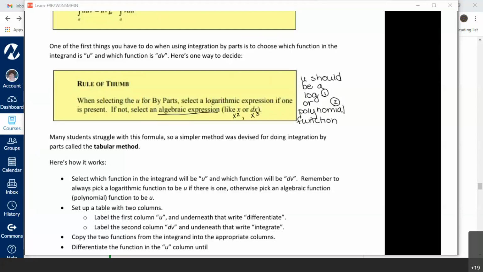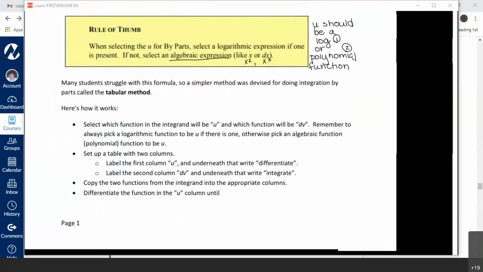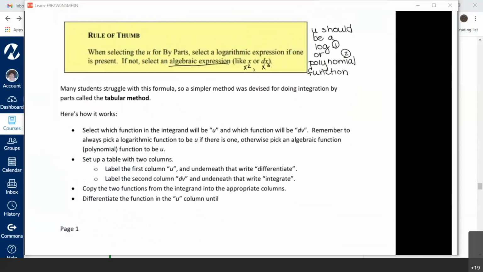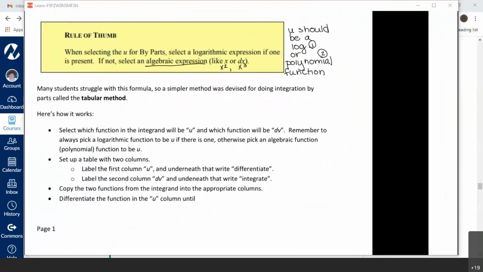So the method I'm going to show you, a simpler method, is called the tabular method. Again, we're going to select which function is u based on this rule of thumb, and the other function, of course, will be dv.